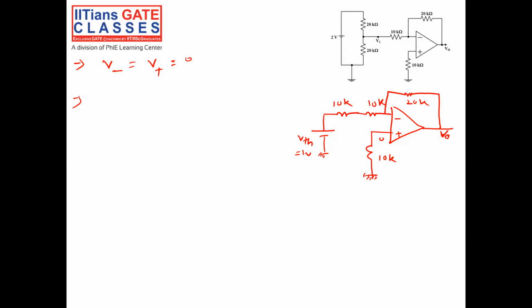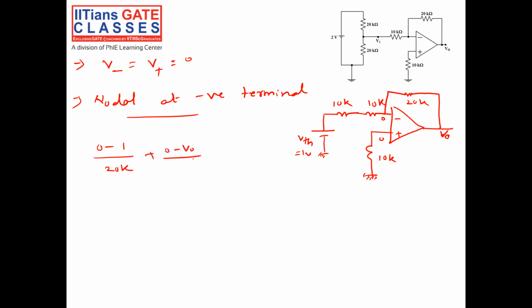Now let us apply a nodal equation at the negative terminal. Here the potential is 0. So 0 minus VTH, which is 1 volt, divided by 20k, plus 0 minus V0 divided by 20k, is equal to 0.